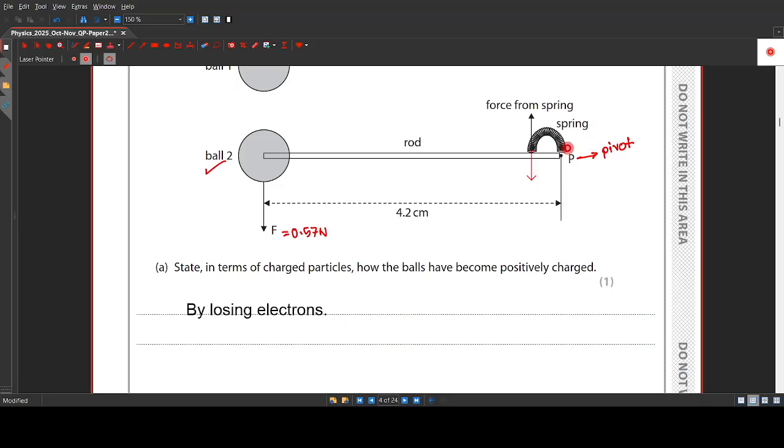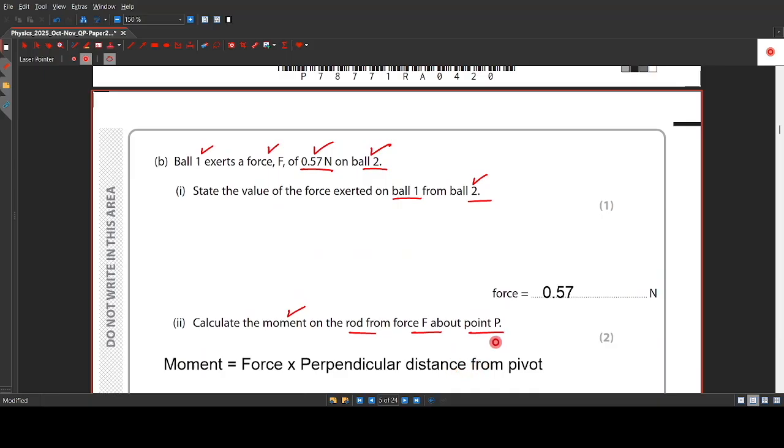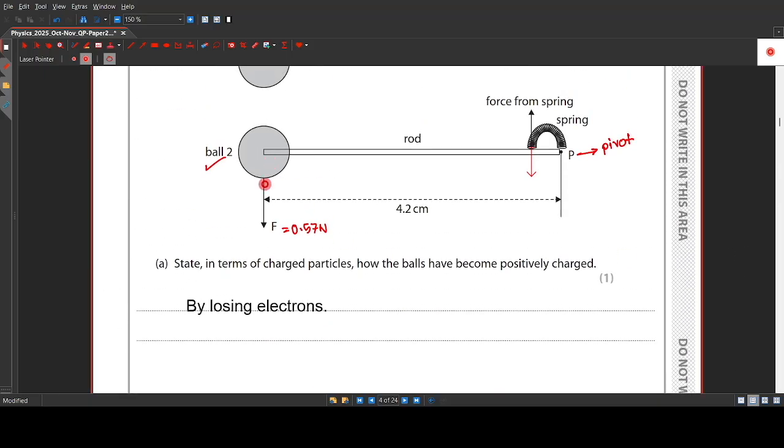Now we know the formula for moment is force into perpendicular distance from pivot. So here's the direction of this force, and it is perpendicular to this length, which means we will have to multiply 0.57 with 4.2 in order to calculate our moment.